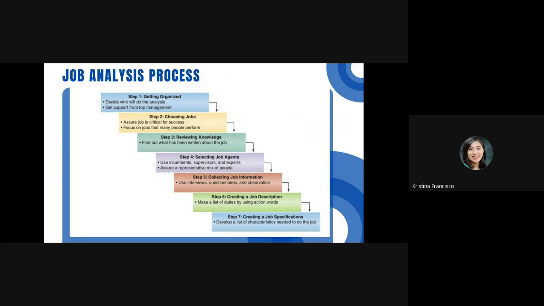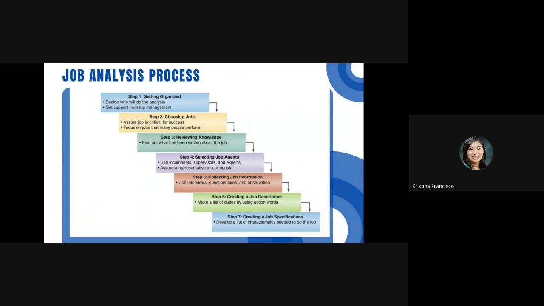Selecting job agents means choosing representatives, such as what I've mentioned a while ago, in order to provide job insights. Five is collecting job information, wherein you gather data through interviews, questionnaires, and observation. After that, you need to create a job description.